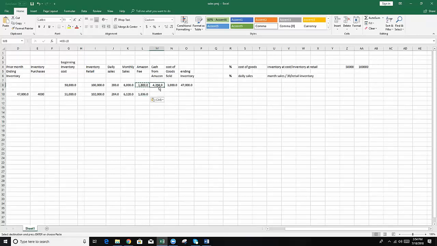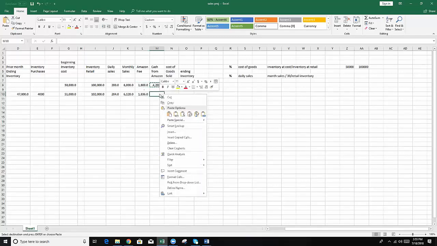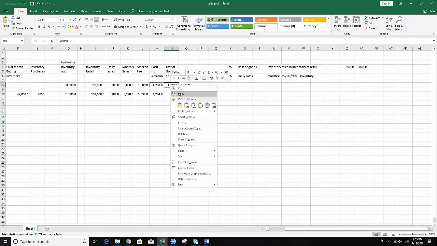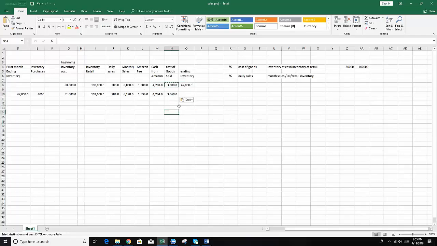Cash from Amazon, that much. Cost of goods sold, that much.